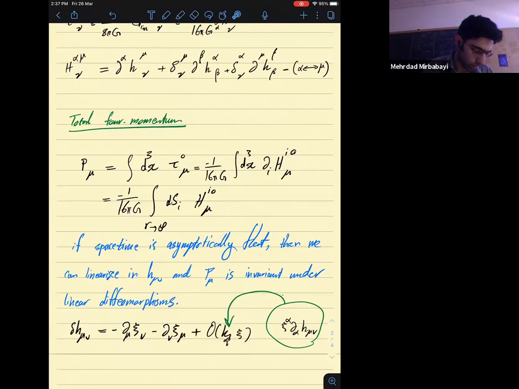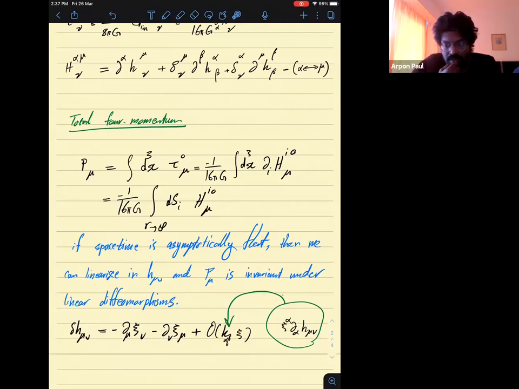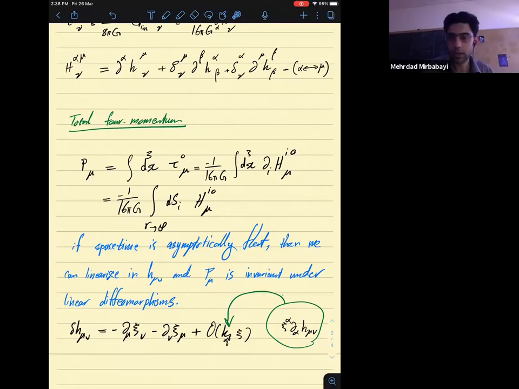But I'm doing an infinitesimal coordinate transformation, which means that I only keep terms to linear order in xi.